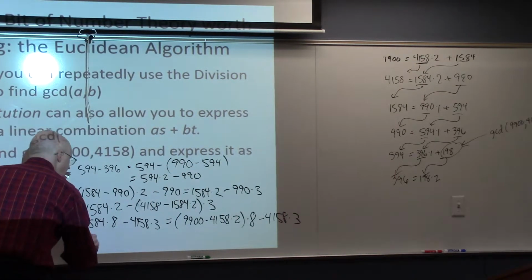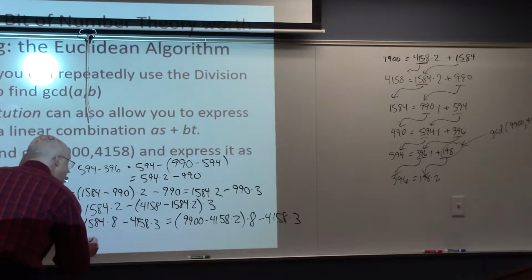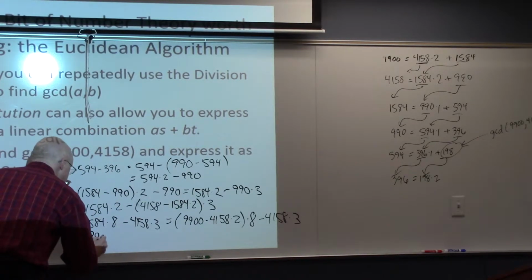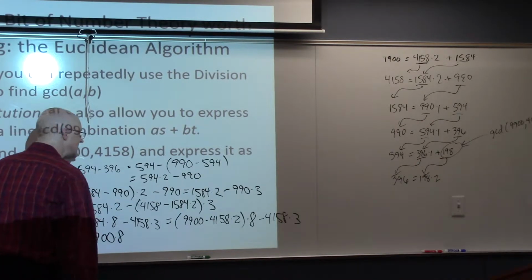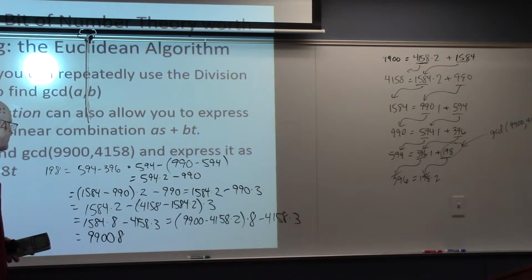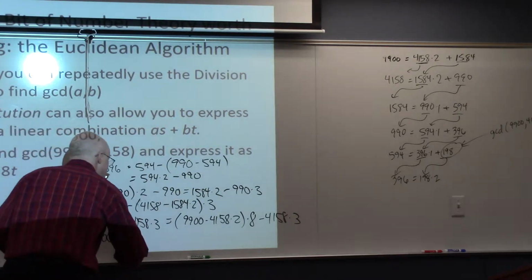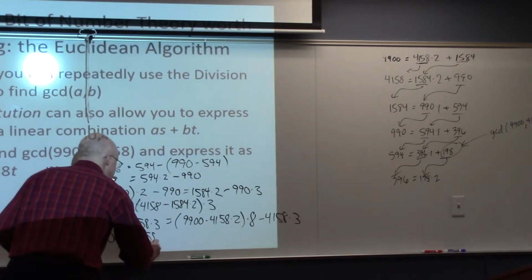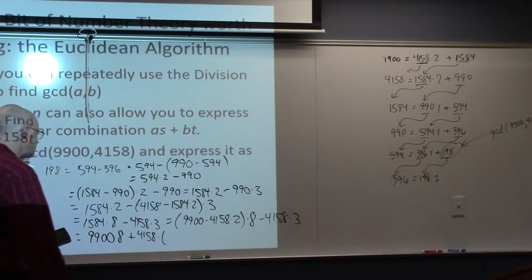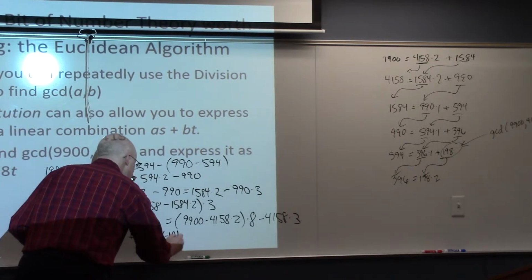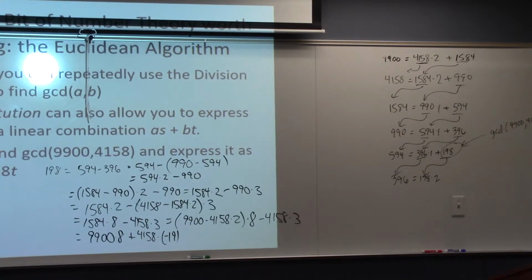So it looks like we have 9,900 times 8, and then what? Let's write it as a plus. Plus 4158 times a negative number. That negative number would be what? Negative 16, negative 19? Is that right? Look good?